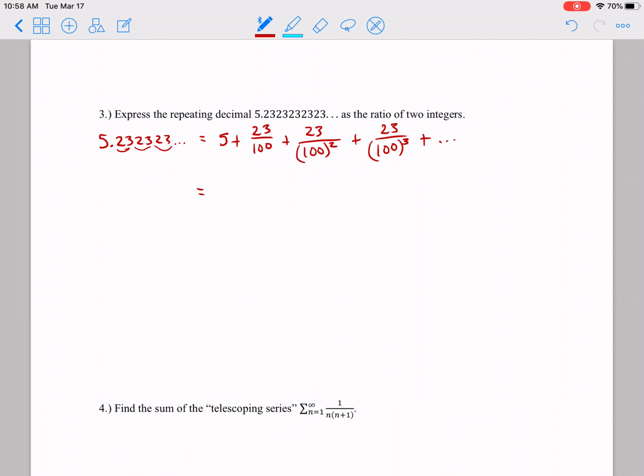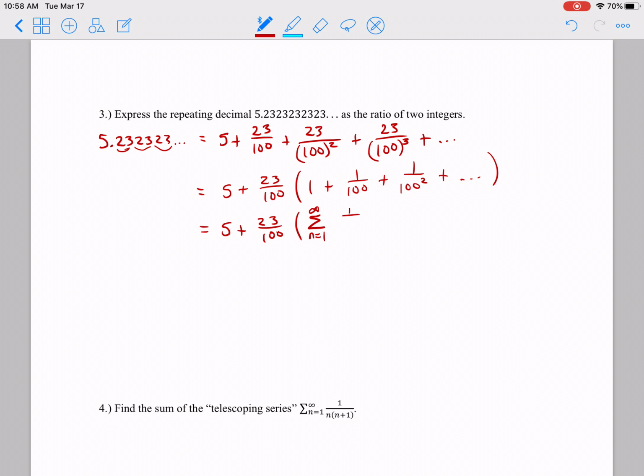Which means we can factor this out and make it a 5 plus 23 over 100 times what we have here, which is, if we're factoring that out of the first one, 1 plus 1 over 100 plus 1 over 100 squared plus so on and so forth, 100 cubed and on. And then this means we have 5 plus 23 over 100 times, and we can replace this with a sum from n equals 1 to infinity of 1 over 100 to the n minus 1.